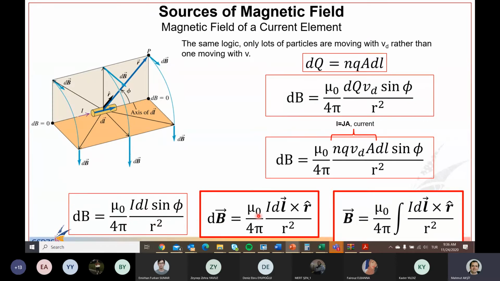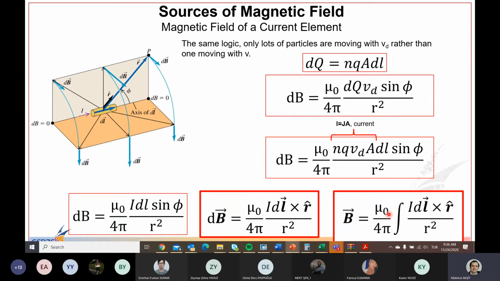Then dB in general vectorial form is mu 0 over 4 pi I dl cross product r over r square. You will still see that we are assigning a vector value for length, which is not very intuitive, but it is what it is.